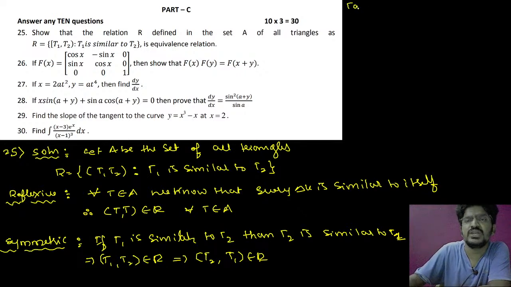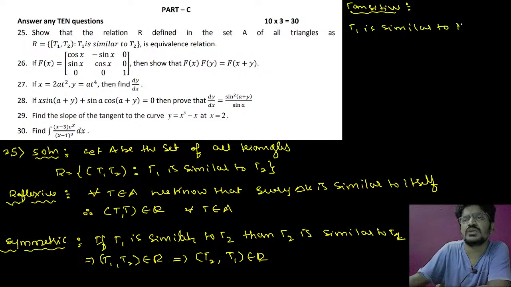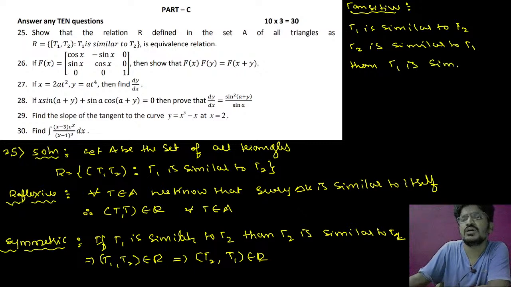Now for transitivity, we know that if T1 is similar to T2, and T2 is similar to T3, then T1 is similar to T3.